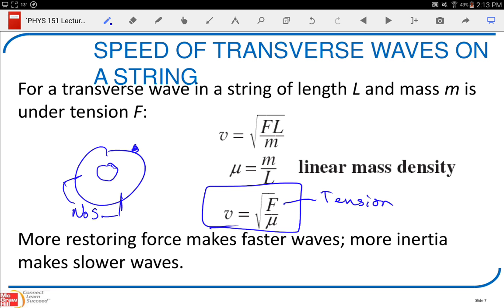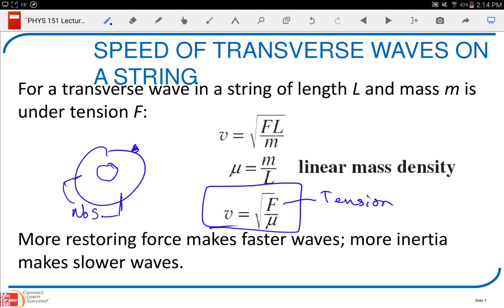As we'll learn later, the speed is very important to the note that's played by the string. Looking at that equation, what happens to the wave speed if you have a thicker string, one that has a higher mass per unit length? It slows down. So if you want a slower speed, you use the thicker string. If you want a faster speed, you use the thinner string.